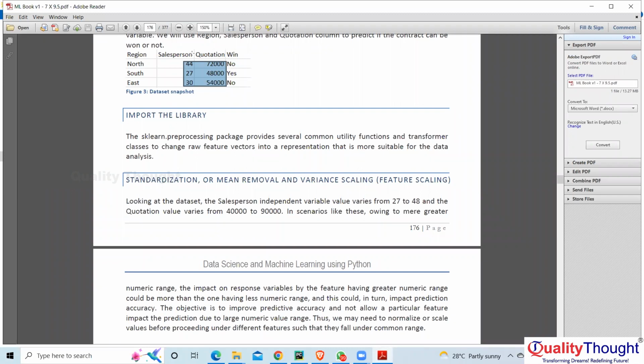You have to apply this for all the numerical columns. For categorical columns, what you do is convert them into multiple columns, that is encoding. But here you apply it to all the numerical columns, converting them to zeros and ones.